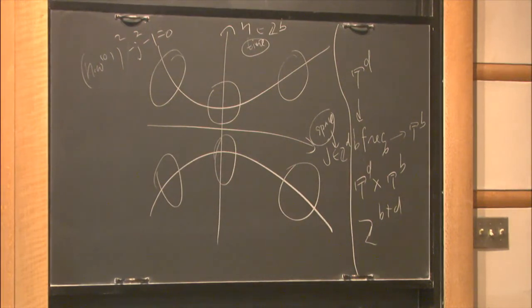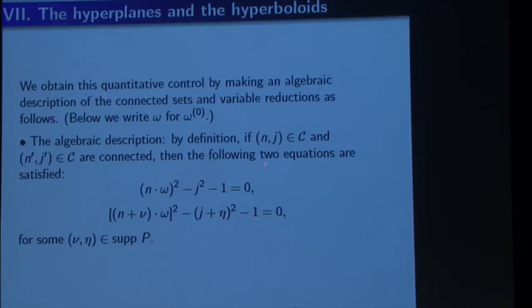What's missing is that (n prime, j prime) is (n, j) plus nu eta. Correct, thank you. So you have two points on these varieties and a vector connecting them. The non-trivial thing is that the vector is actually integer valued. Nu eta has to be integer valued.